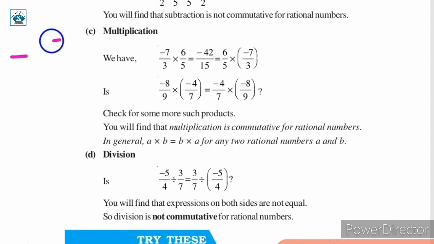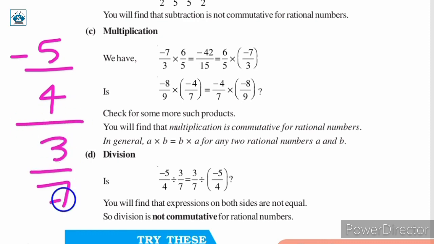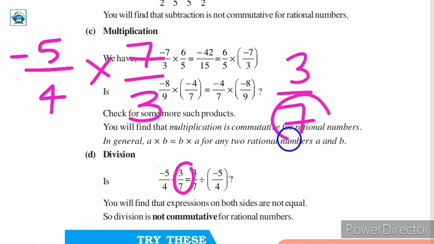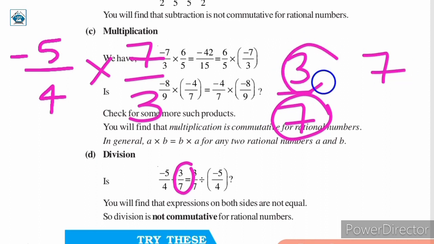Here, when minus 5 by 4 is divided by 3 by 7, we can write it as minus 5 by 4 multiplied by its reciprocal. The reciprocal of 3 by 7 is 7 by 3. In reciprocal, the denominator, that is here 7, will come to the numerator, and the numerator will become the denominator. That is, the places will get interchanged and you will have the reciprocal of a given rational number.